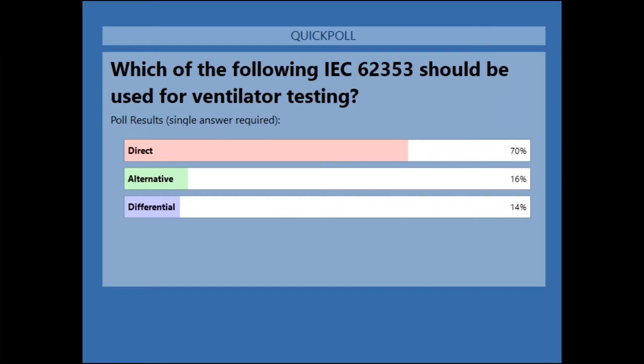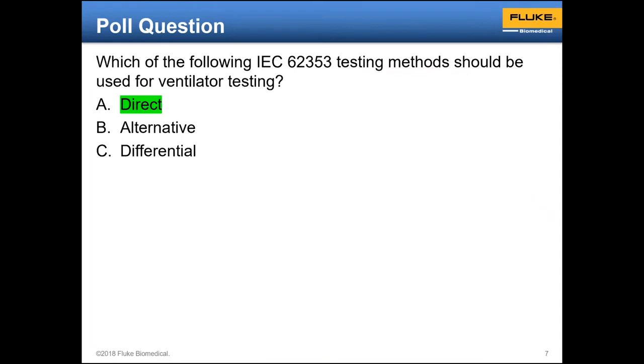So if we are a manufacturer's field service organization, that's going to make our quality manager very happy, because the results that we will get with the direct method IEC 62353 will be, we say, correlatable. They will be able to be compared very closely to the test results that were obtained in design validation and in the final assembly testing. So there's a continuity there. We get a continuity of the test results, which is really important.